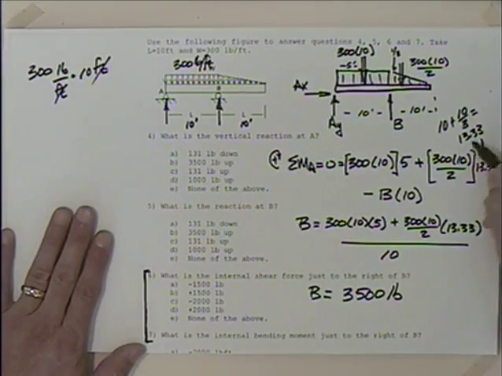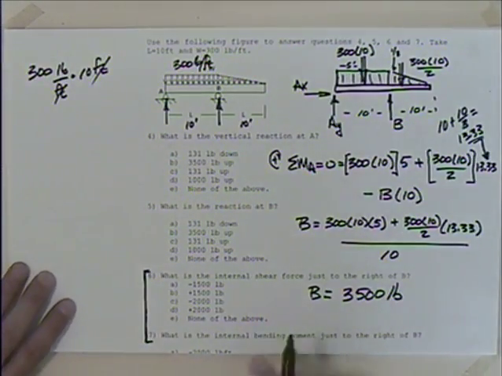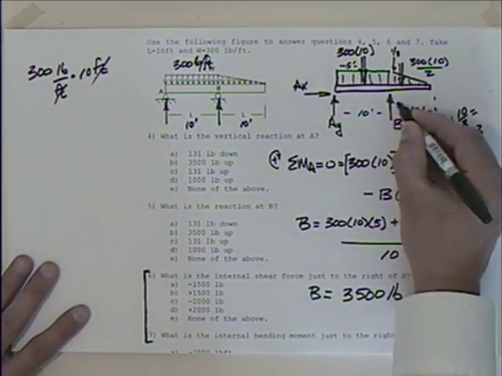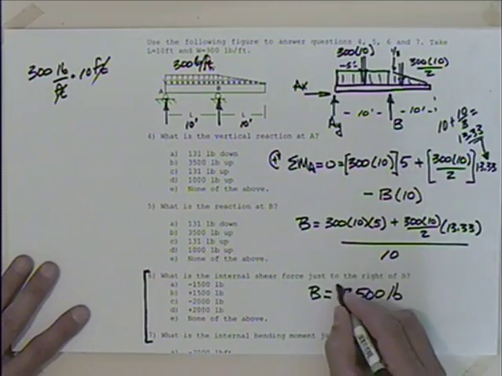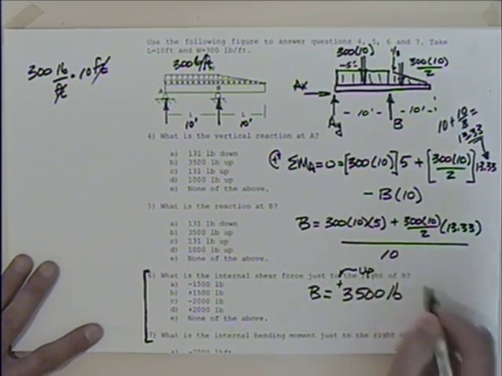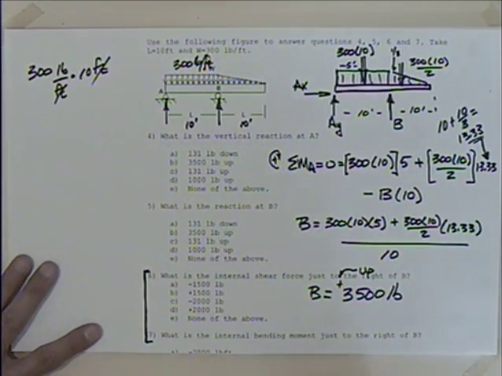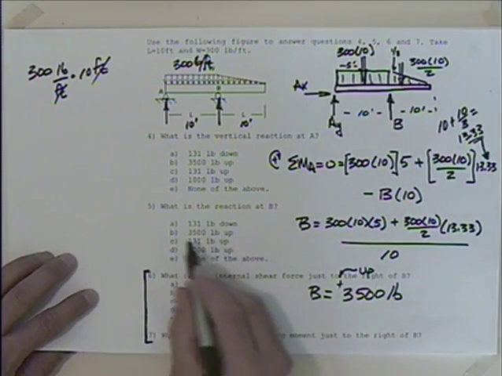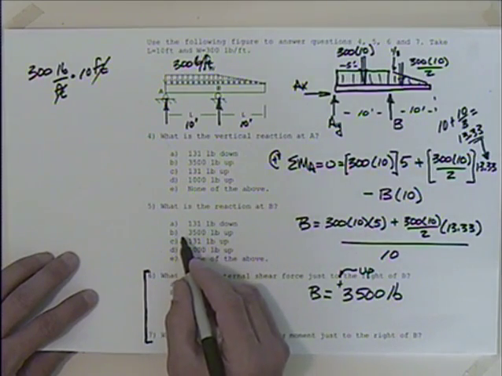And had I kept this in the memory of the calculator, I would have got 3,500. So B is 3,500 pounds. And we took this going up. It's a positive number, so this really means that it is going up, doesn't it? Okay, it's going up. So what is the reaction at B? 3,500 up.